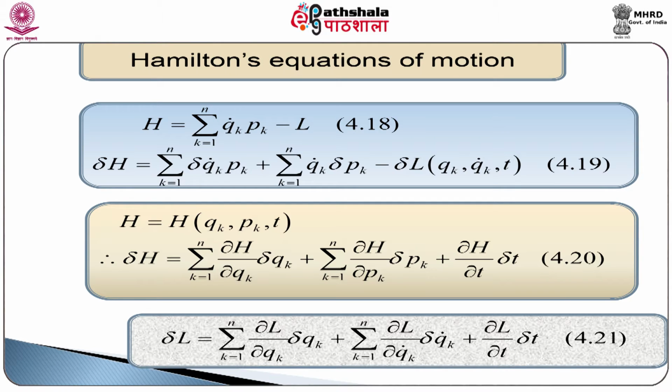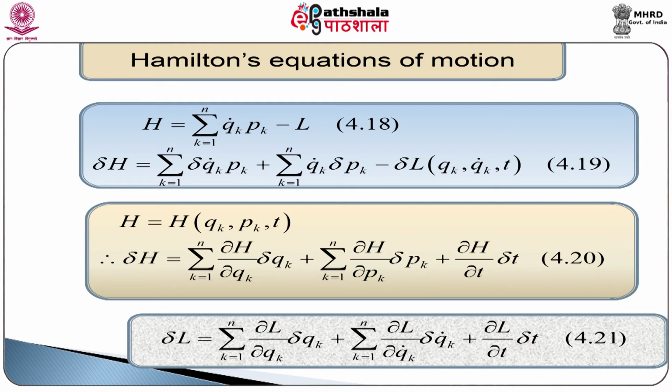If we take the variation of this equation, then we have delta H equals the summation k equals 1 to n of del capital H del qk into delta qk plus the summation k equal to 1 to n of del capital H del pk into delta pk plus del capital H del t into delta t.